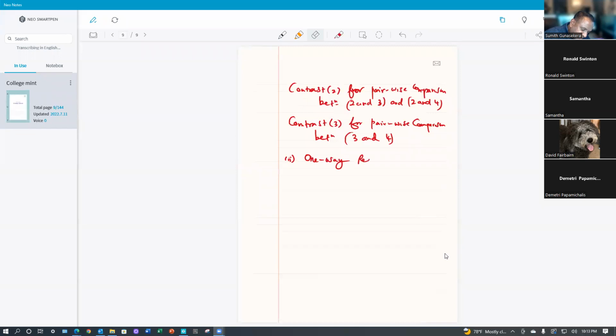Second one, repeated measures, where time is the within subject variable.